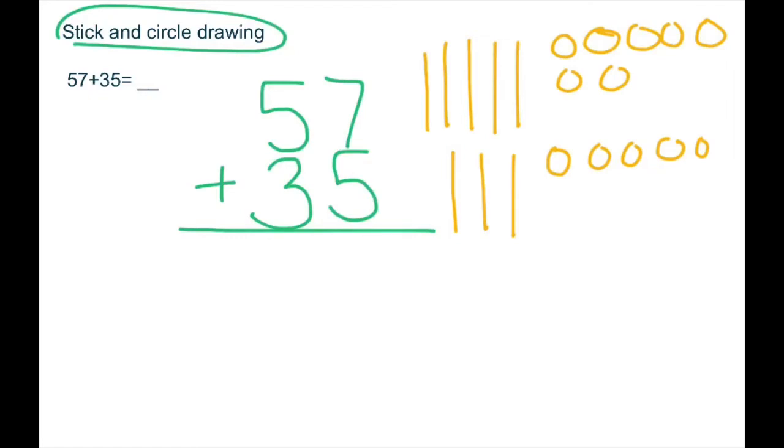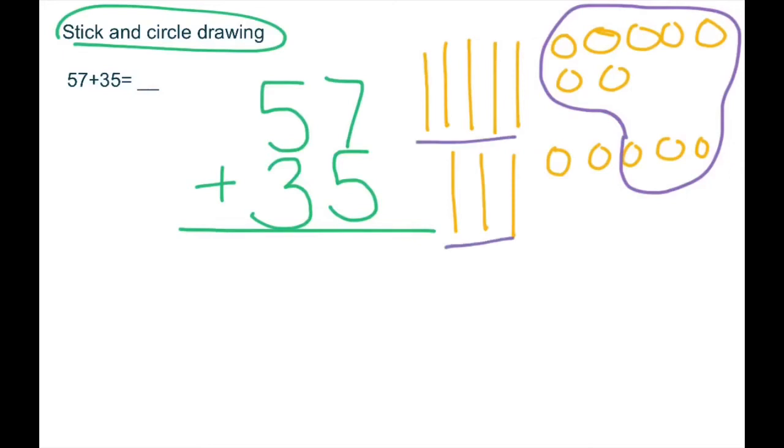I'm going to take 3 of these and add them up above to make a new 10. So now I have 5 tens plus 3 tens is 8 tens, plus another 10 is 9 tens. So I have 9 tens, and then I still have 2 ones. The answer would be 92.